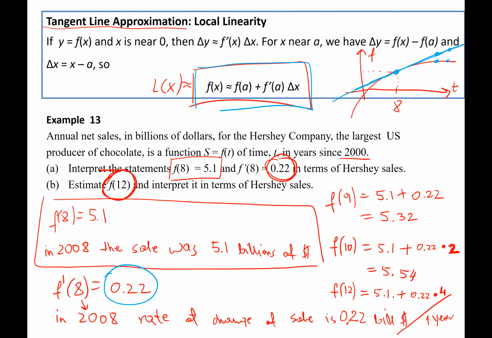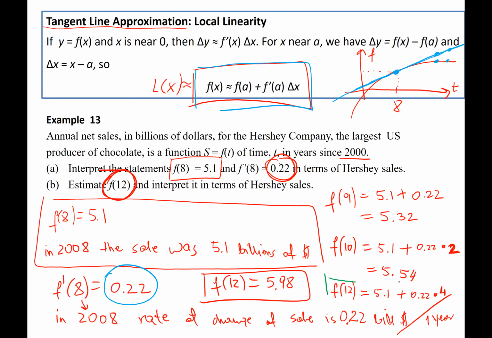Oh, 5.98, yes, Maddie, thank you, you're right. That means I can write my answer: f of 12 is 5.98. This is the sale, of course, using the approximation.